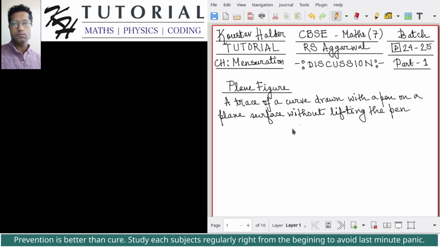A plane figure is a trace of a curve drawn with a pen on a plane surface without lifting the pen. For example, if on a piece of paper you draw a line or a curve without lifting the pen, then that trace of points creates a plane figure.